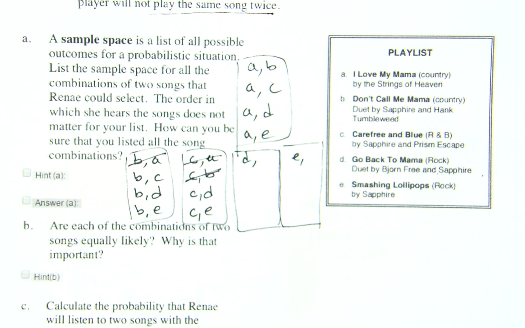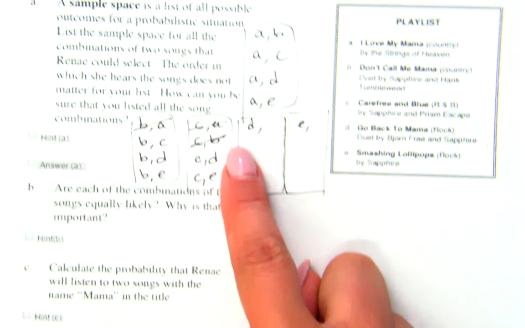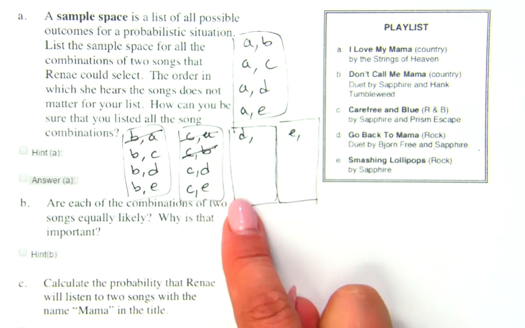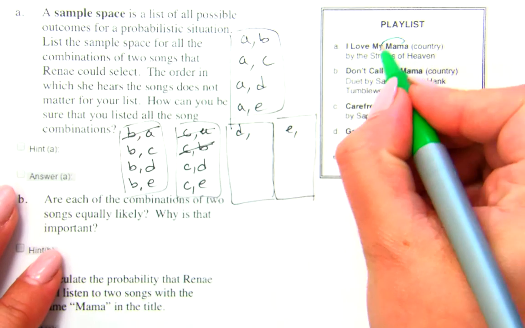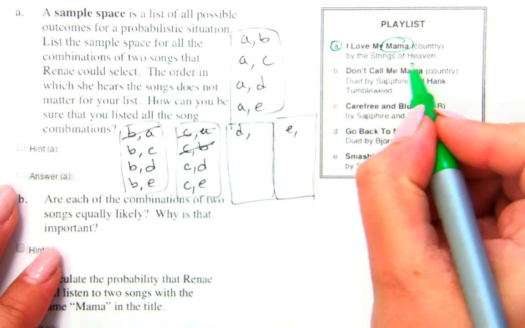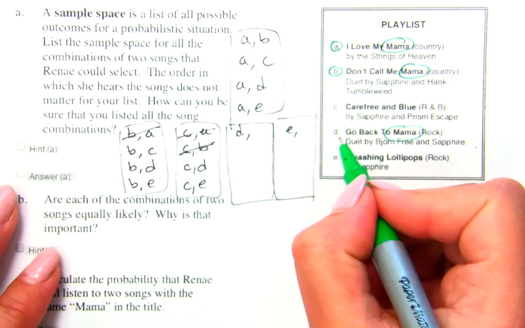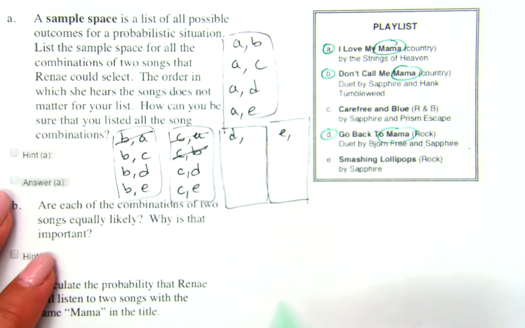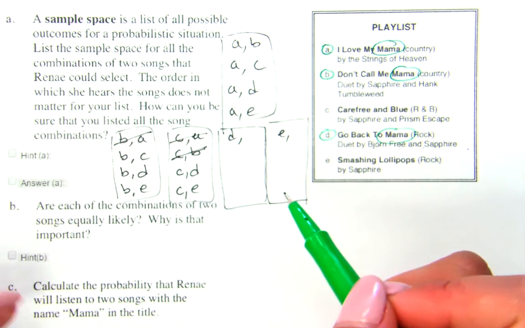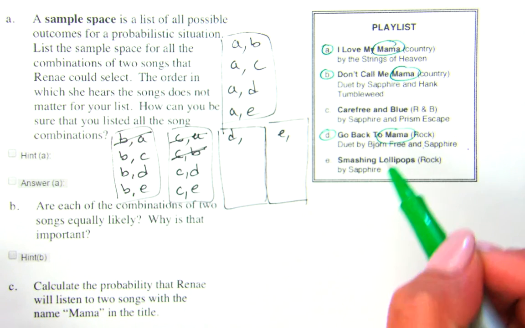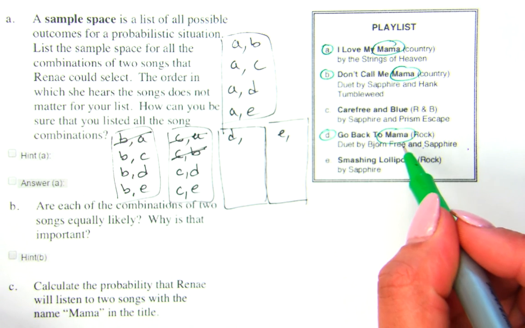Okay, well, look at all the ones that you have that have the word Mama in the title. So Mama in the title is A, right? Mama in the title is B. Carefree and Blue, back to Mama in the title, and it would be D. So how many listen to 2 songs that would be with the word Mama in the title?